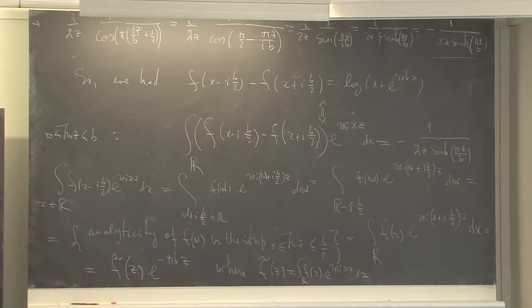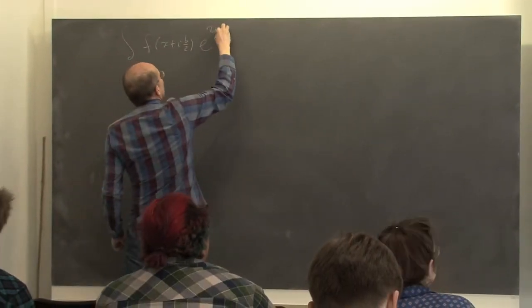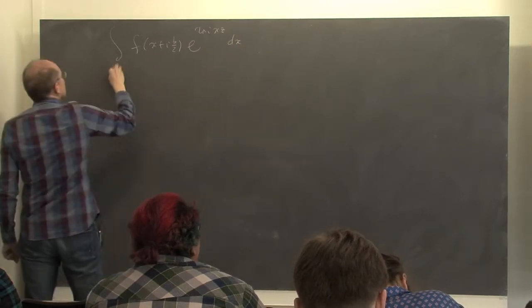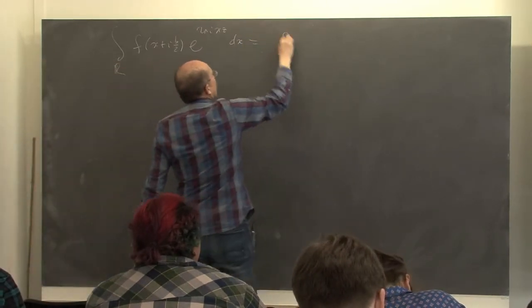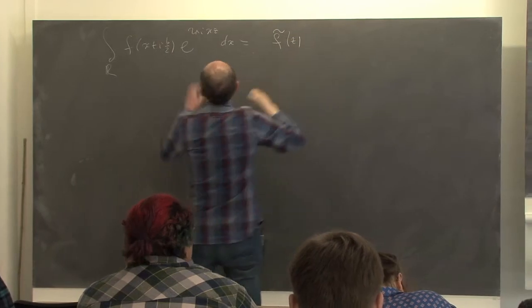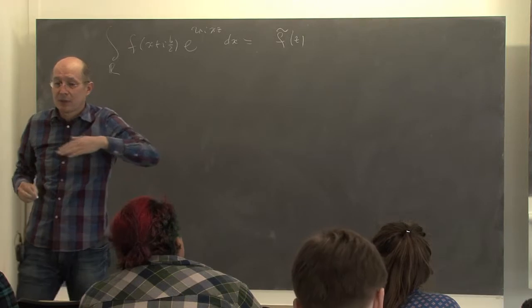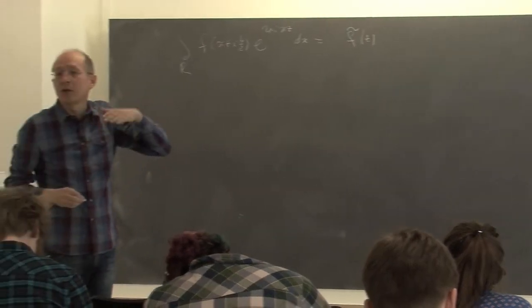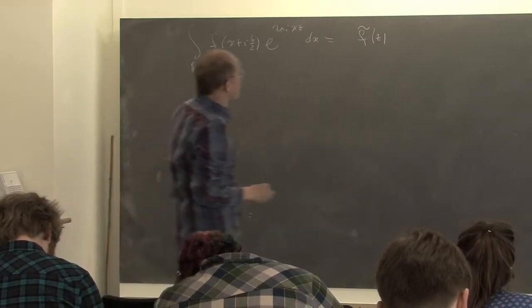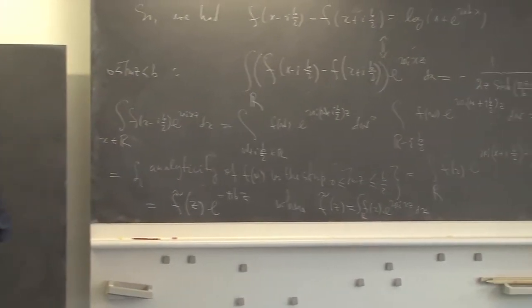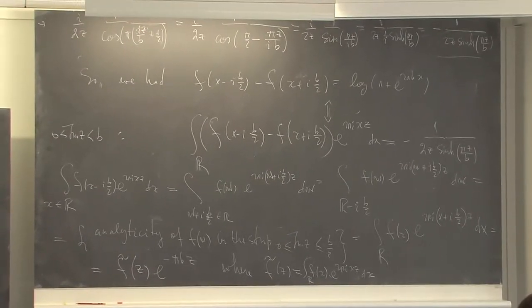So let me just write the answer. The integral of f of x plus ib e^(2 pi i x z) dx becomes f tilde of z. It will be the same f; we end up with the same Fourier integral along the real line, but the shifted term will be of opposite sign: e^(pi b z).